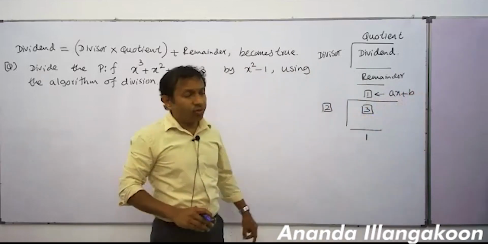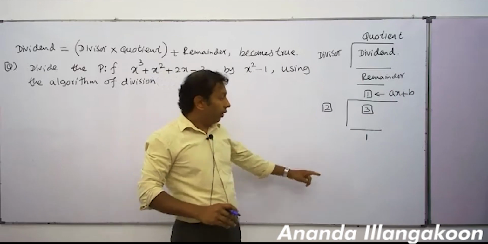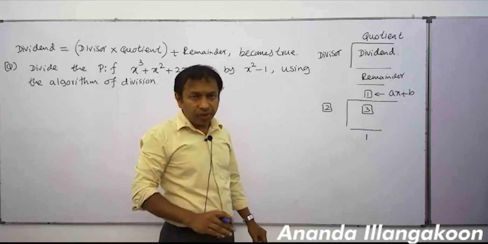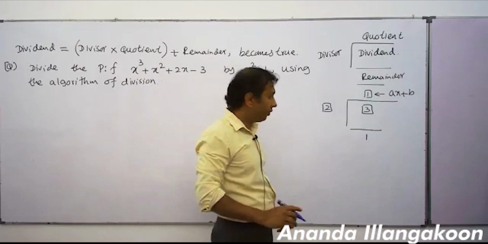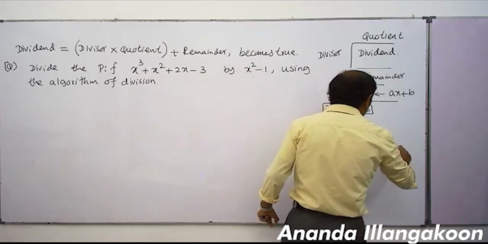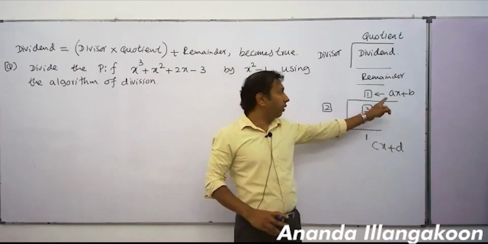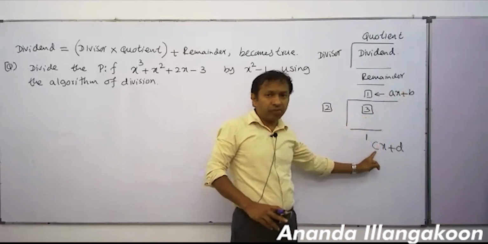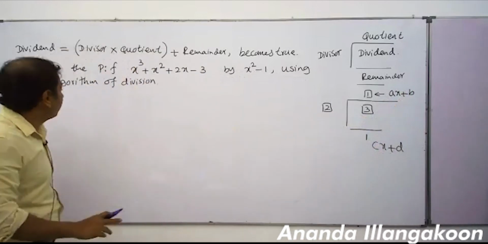So here, as our quotient, we take a first degree polynomial function. The most general form of writing a first degree polynomial function is ax plus b. The remainder also we assume is a first degree polynomial function, and in the most general form I am going to write cx plus d. To determine the quotient, we have to determine a and b. To determine the remainder, we have to determine c and d. Then we start like this.